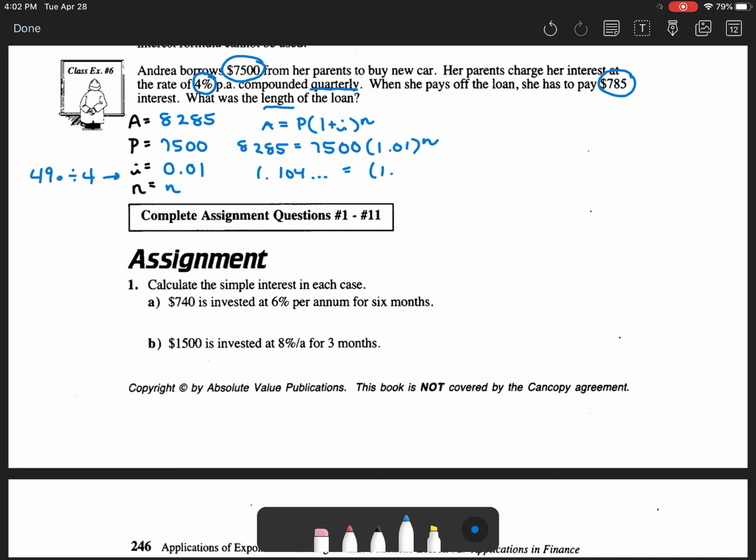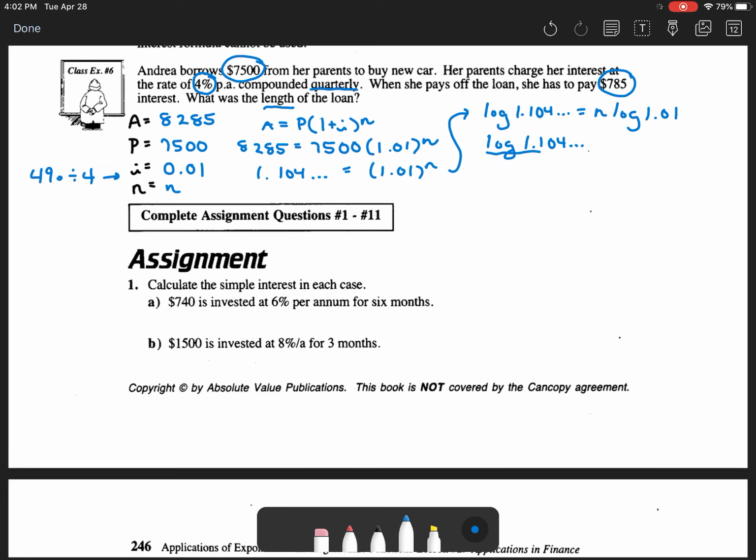So again, divide both sides of the equation by 7,500. So 8,285 divided by 7,500. So this will give you 1.104, etc. I keep that whole value in my calculator. I do not round until the end of the question. Now I can use logarithms to isolate n, or solve for n.